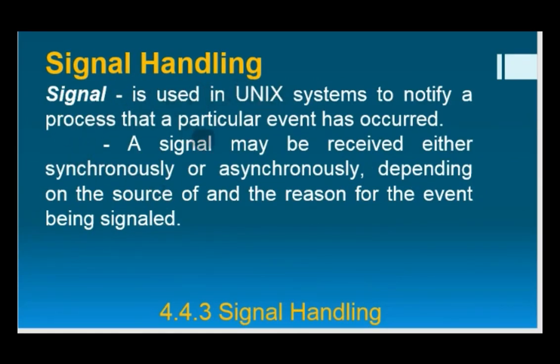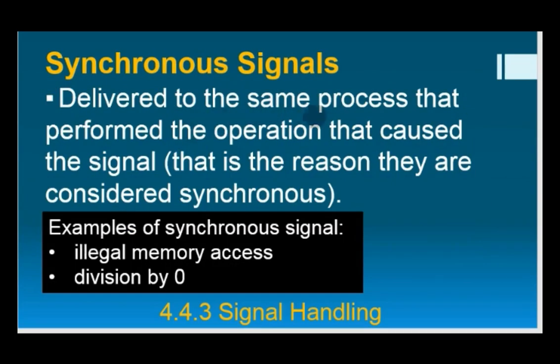Let's proceed to signal handling. A signal is used in Unix systems to notify a process that a particular event has occurred. A signal may be received either synchronously or asynchronously, depending on the source of and the reason for the event being signaled. Synchronous signals are delivered to the same process that performed the operation that caused the signal. That is the reason they are considered synchronous.